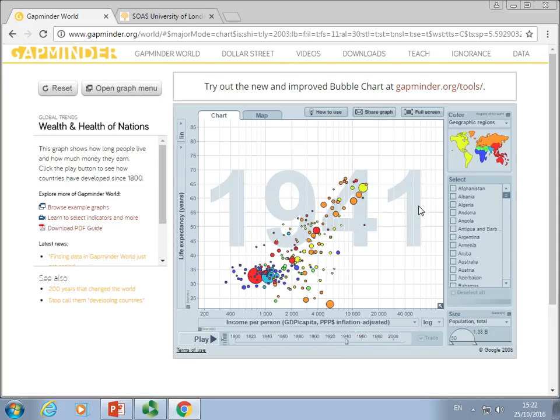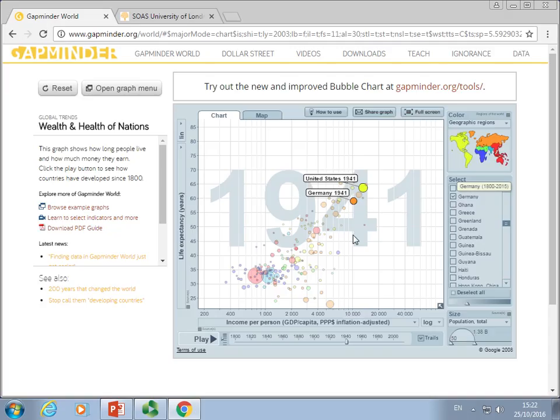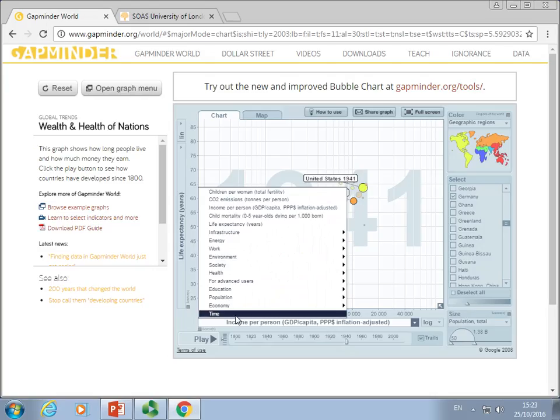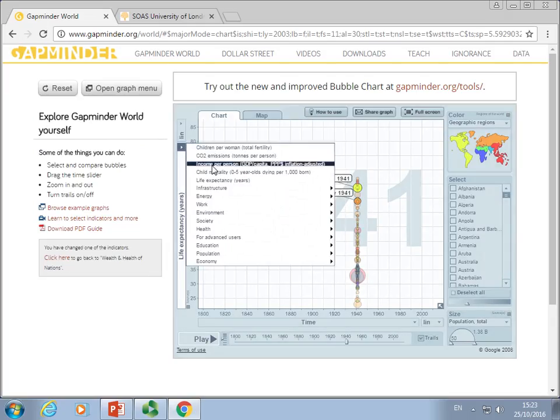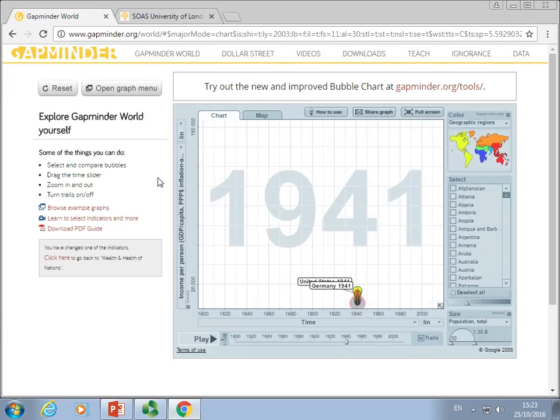Now, I'm going to pick United States and Germany. Now, pay attention here. I changed this to time. So I just want to see what's happening to the income per capita over time. So this is income per capita. This is income per capita. This is time. And I deselect the rest.